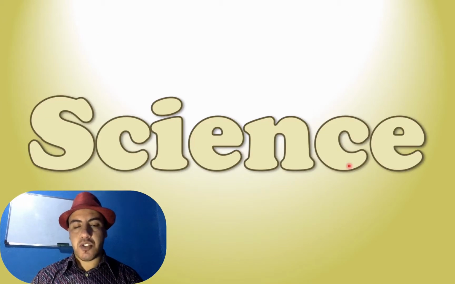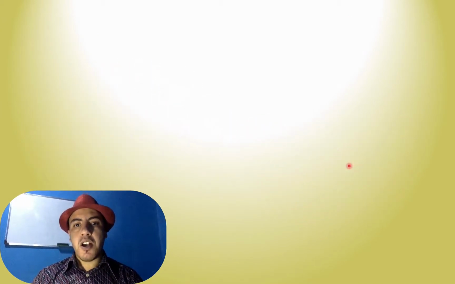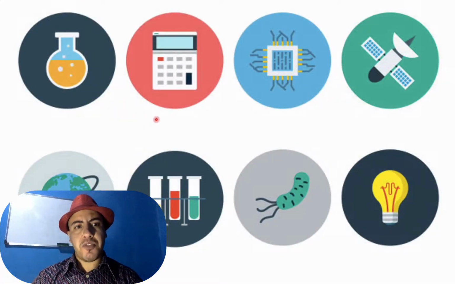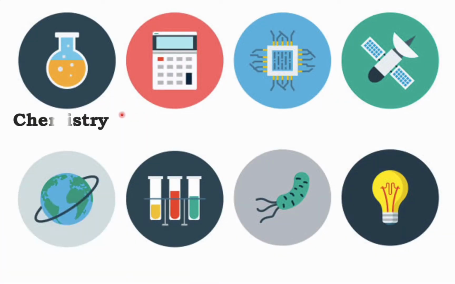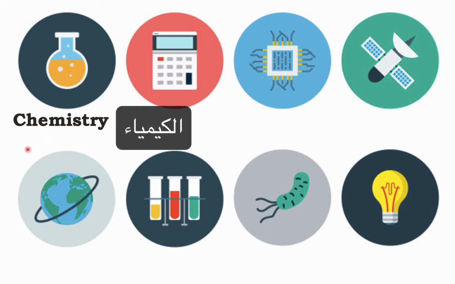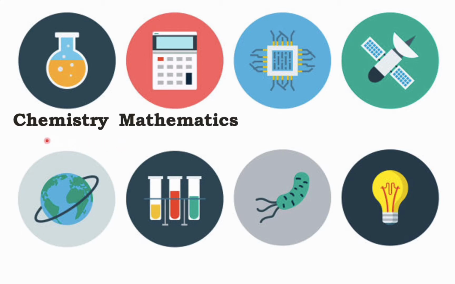So, science. What are some examples of science? First one here, this is chemistry. So you know what chemistry is. Here we are talking about science: chemistry, mathematics, and computer science, which is the science of computers.